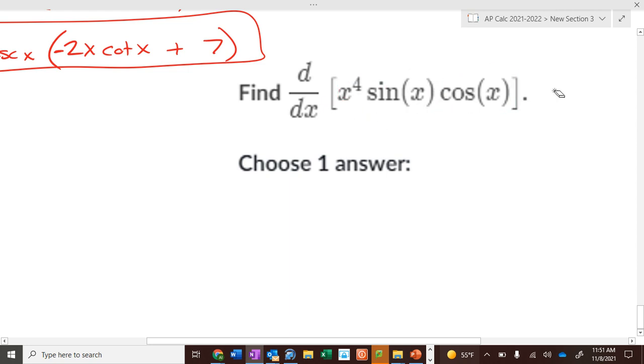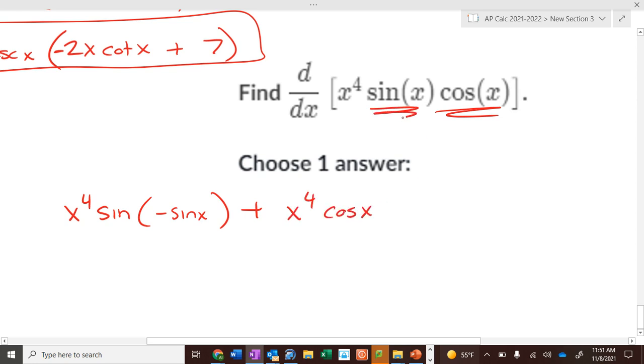But when you have 3 things, it's just simpler to say, well, it's the first thing and the second thing times the first derivative of the third thing, plus the first thing and the third thing times the first derivative of the second thing, plus the second thing and the third thing times the first derivative of the first thing.